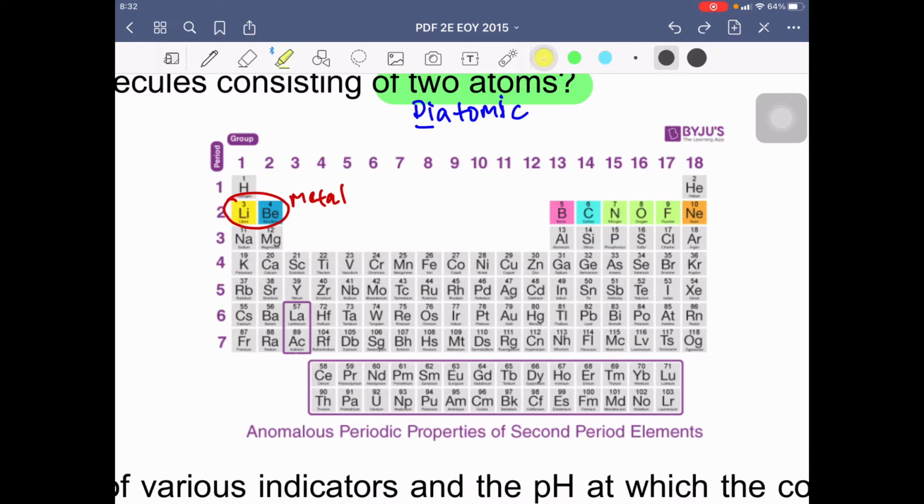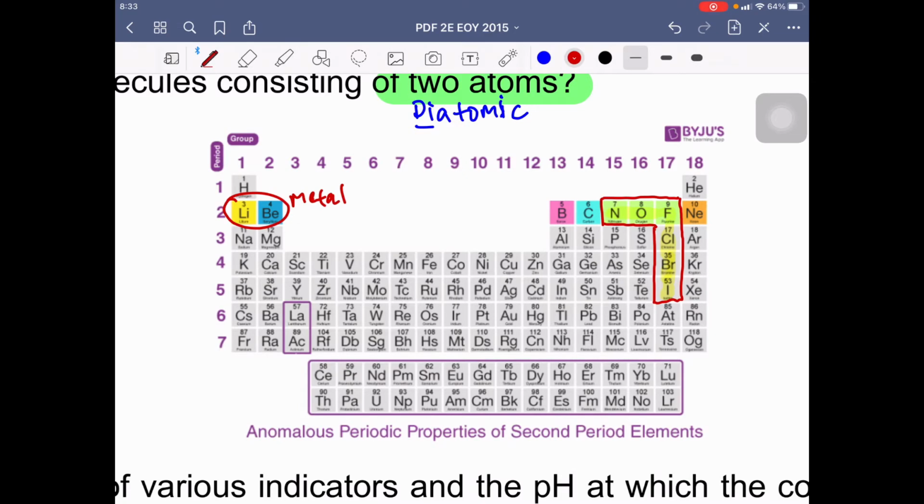Let me highlight: N, O, F, Cl, chlorine, bromine, and iodine. Let me box it up. These few funny elements naturally occur as diatomic in nature. So these are the few elements that will occur as two atoms combined together in nature.